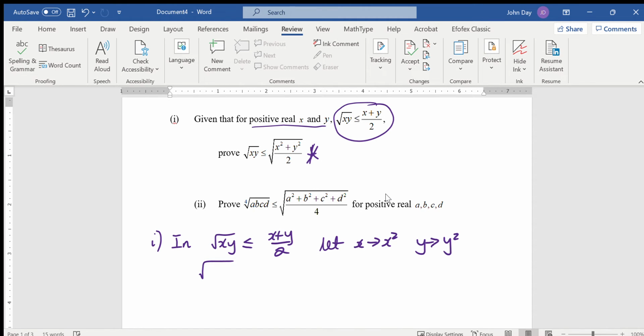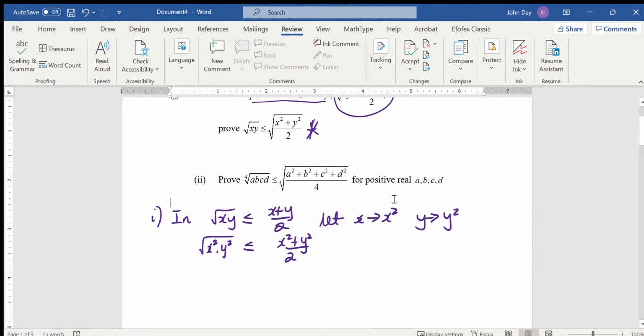We get root of x squared y squared, and we get x squared plus y squared on 2. All right, so we want to get the square root on that right-hand side. Oh, on the left side, the square root and the squares undo each other, so I guess we have this.